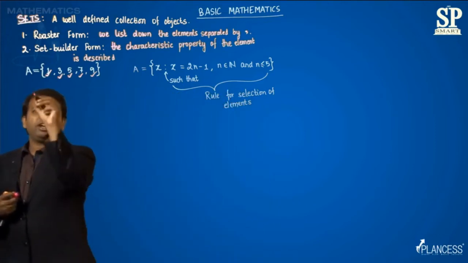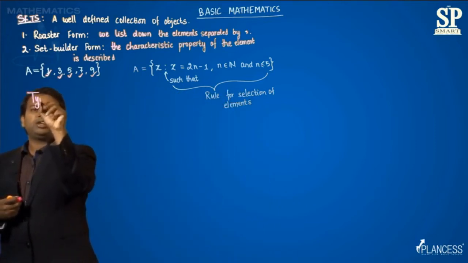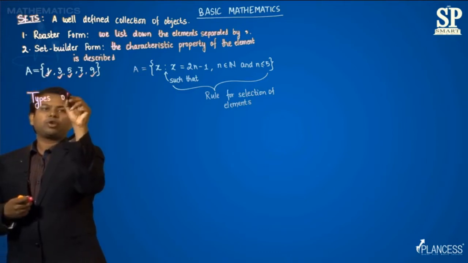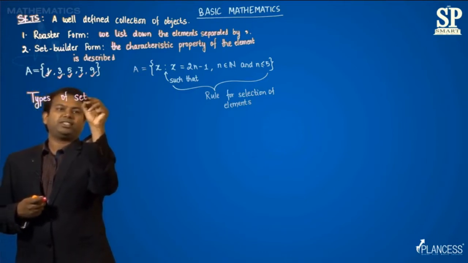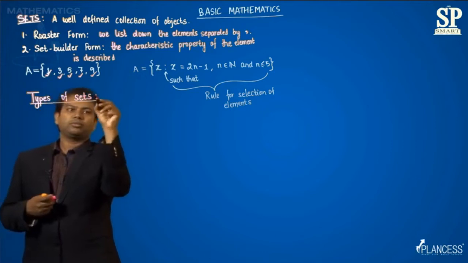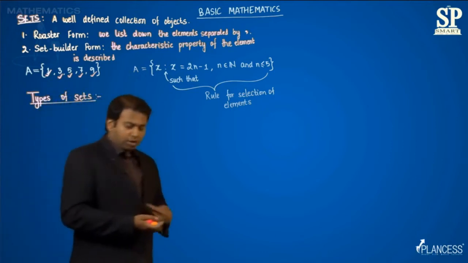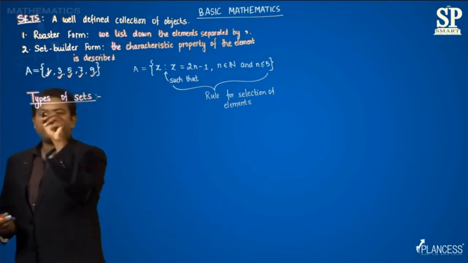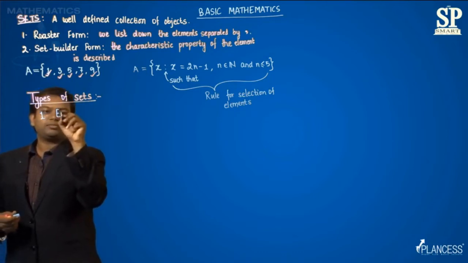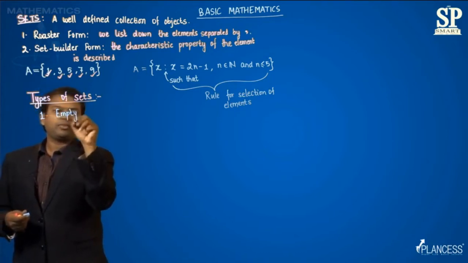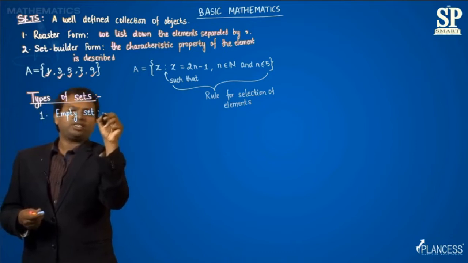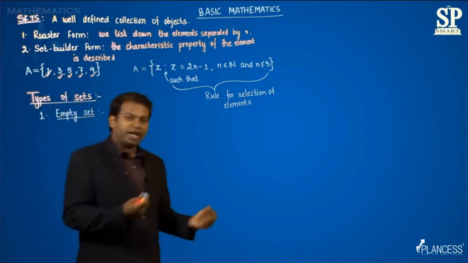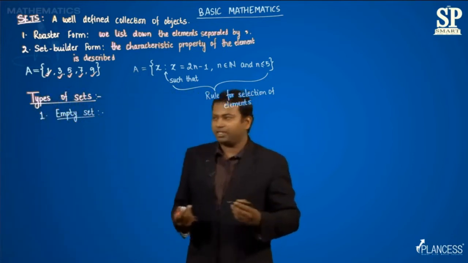So here we are now going to discuss types of sets. The first is the empty set. As the name suggests, this set is empty and there is no element inside it.